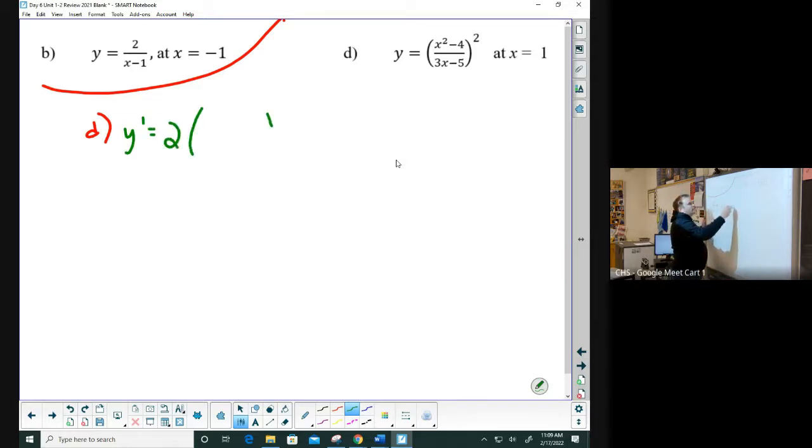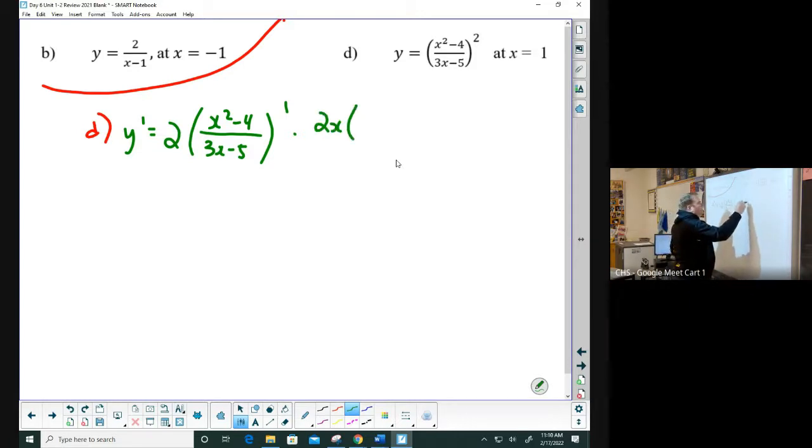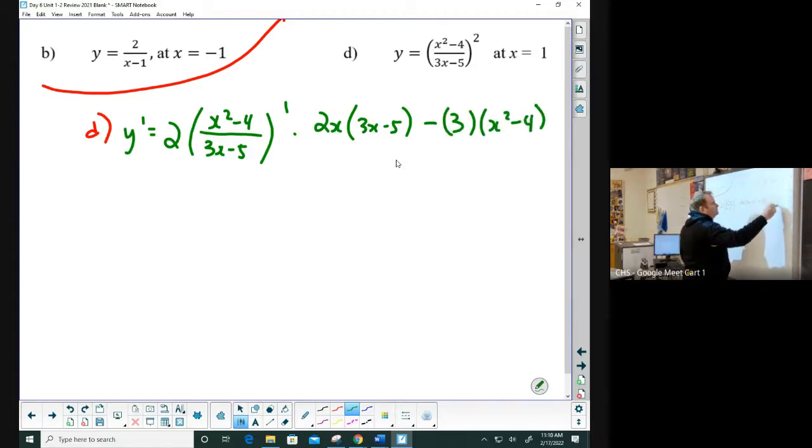2 times (x squared minus 4 over 3x minus 5) times the derivative of the inside. So the inside is a quotient rule. Derivative of the top times the bottom minus derivative of the bottom times the top, all over the bottom squared.